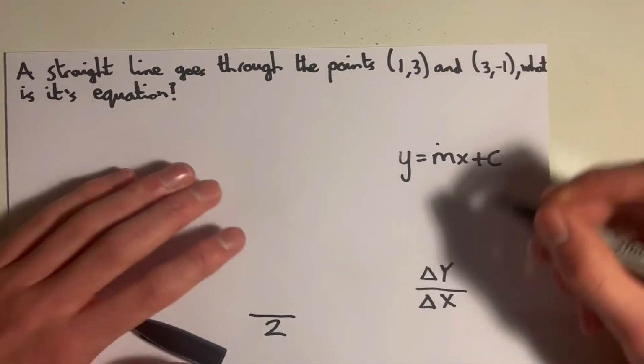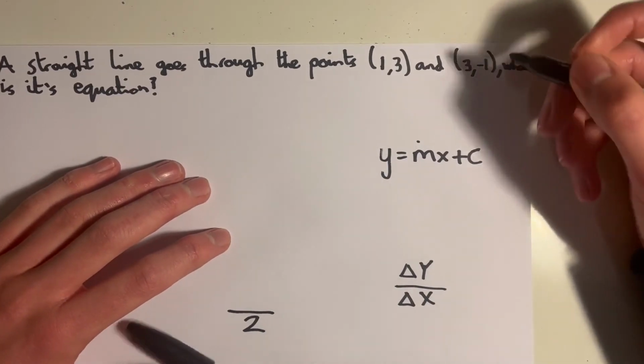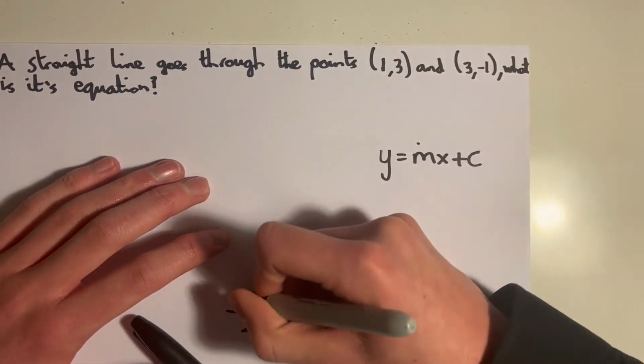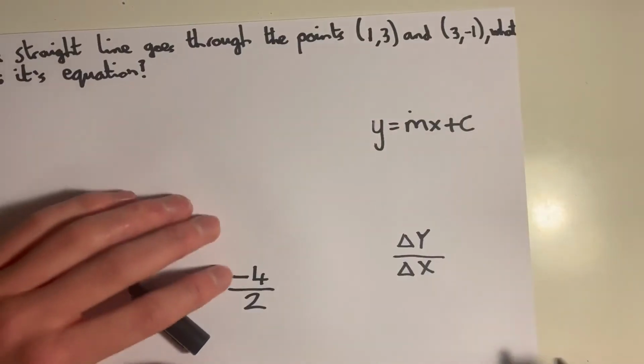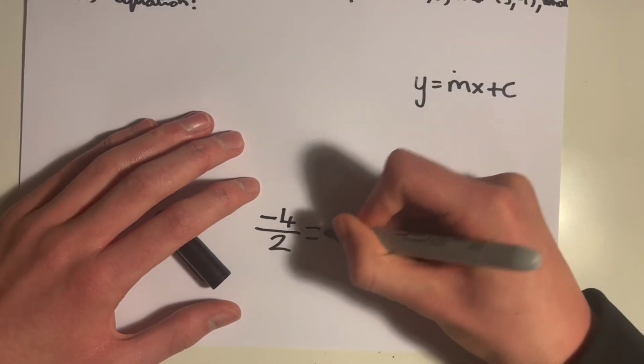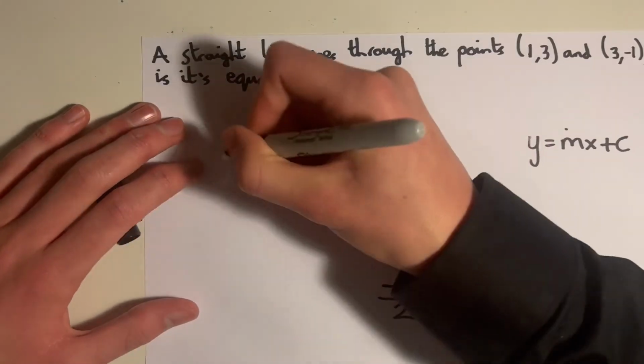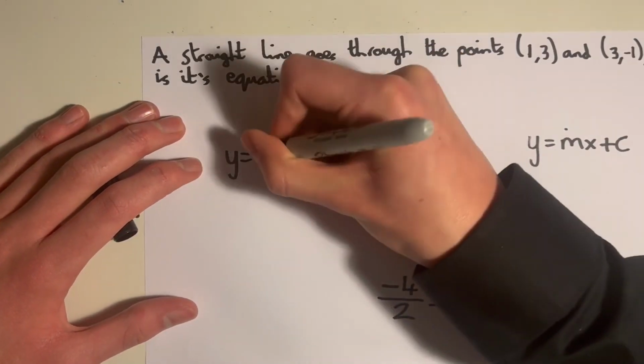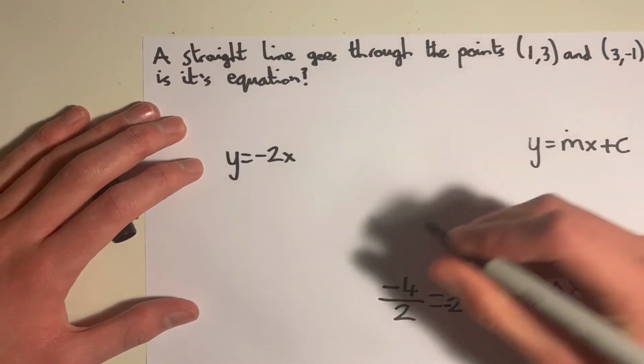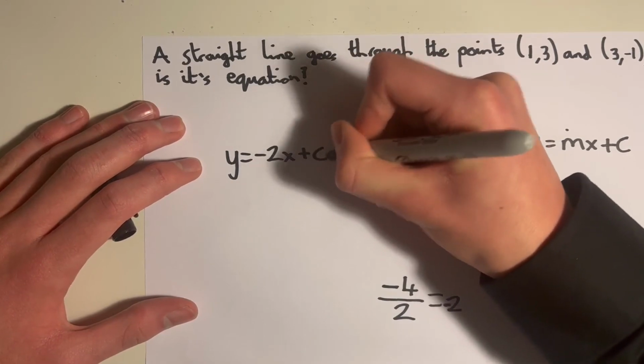And then the change in y, it goes from 3 to minus 1, which is a change of minus 4. And minus 4 divided by 2 would be minus 2. So we'd have the equation so far, y equals minus 2x plus c.